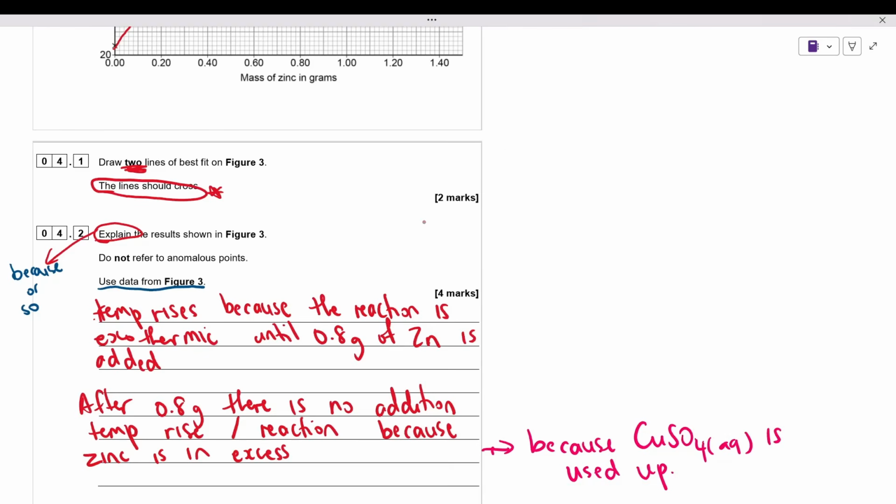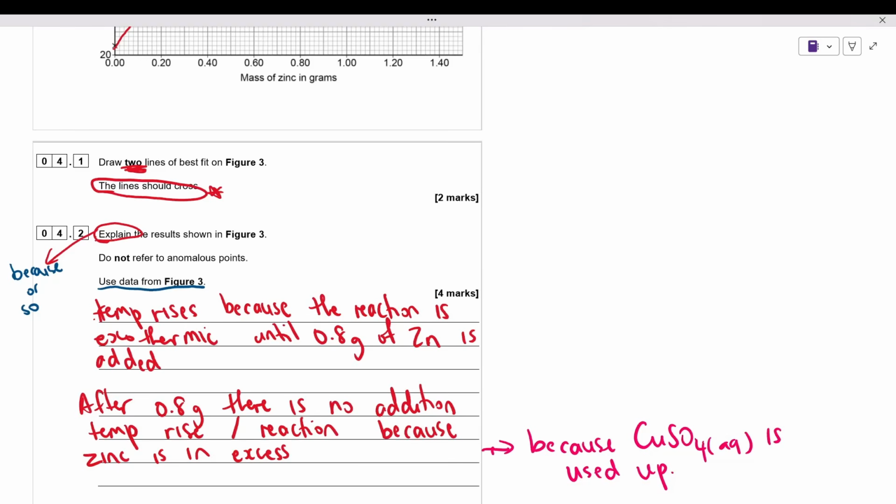And please remember this key command word when you're using 'because'. When you're explaining, you need to be using that 'because', that 'so' in your response. That is giving a reason for something happening. So the temperature rises, we can see that. Why did it rise? Because that reaction is exothermic.